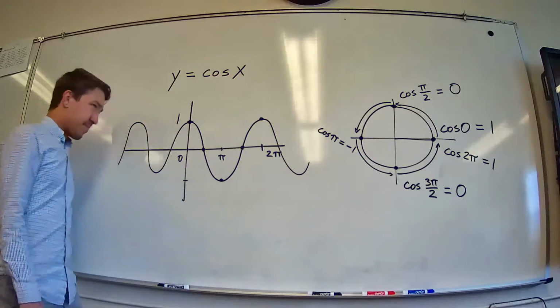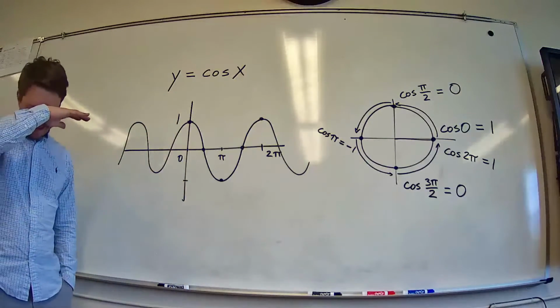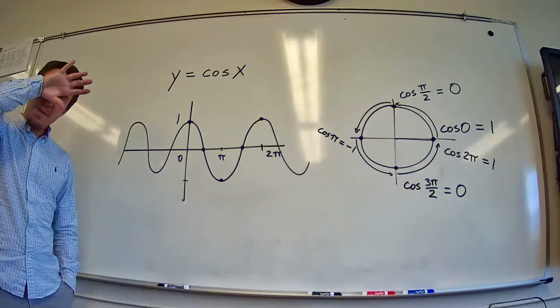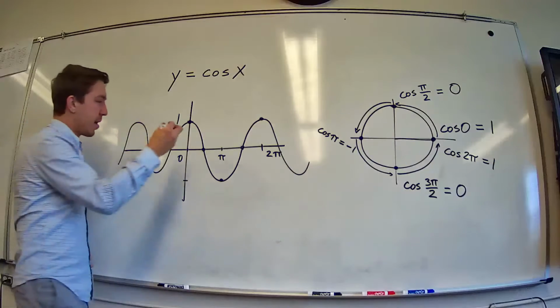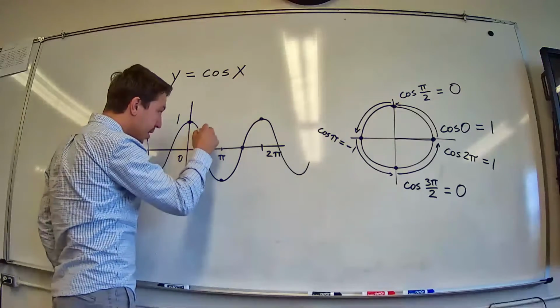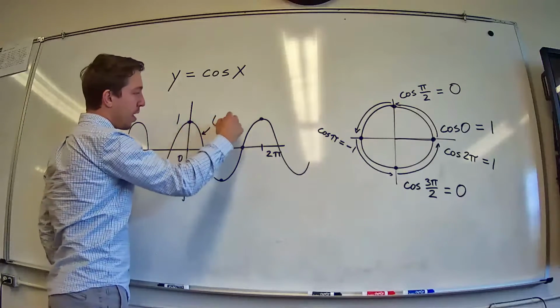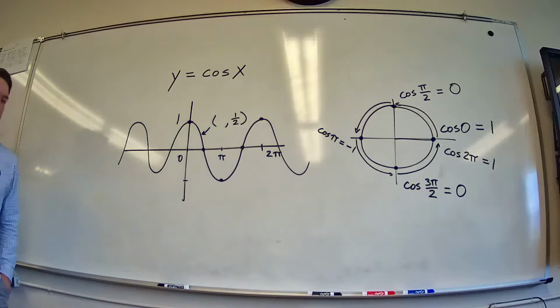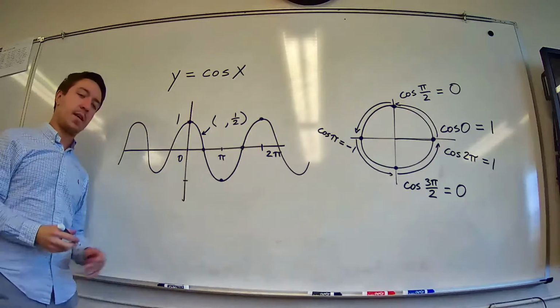Oh, here's a question for you. Think about it. Don't shout it out if you know it. Give everyone a chance to think about this one. There's a point right around here where the y value is 1/2. This is a possible question you might be asked down the road.